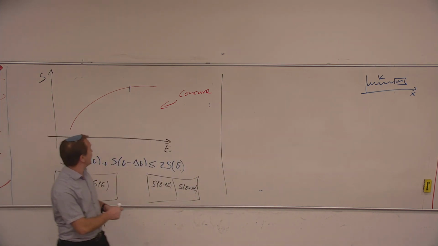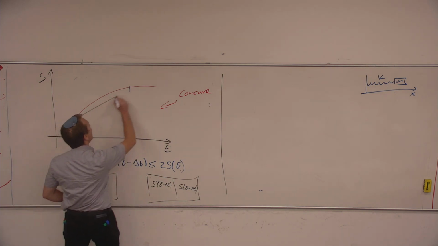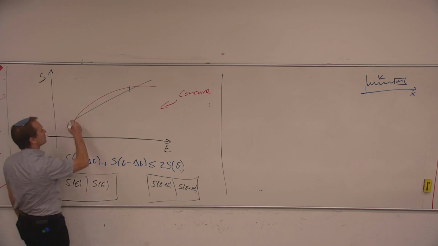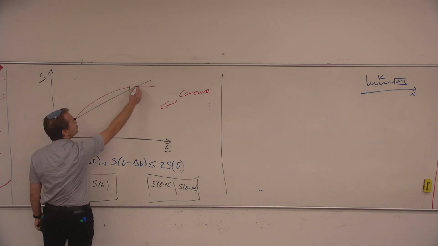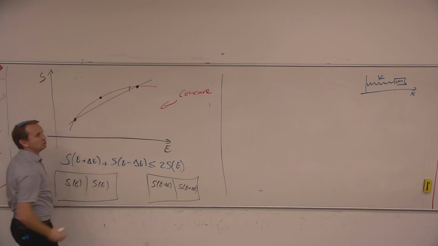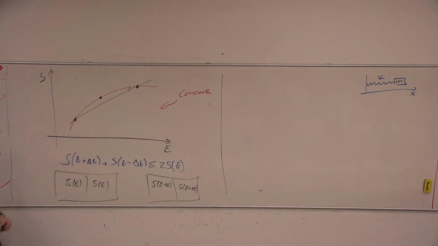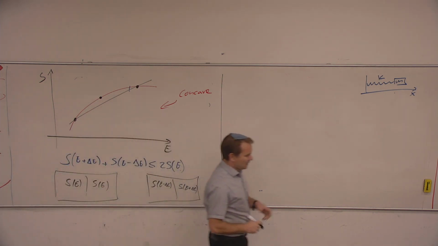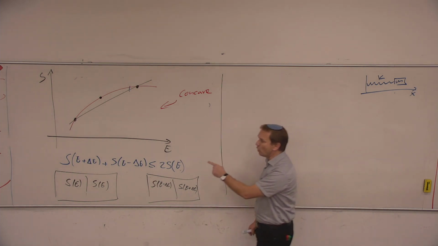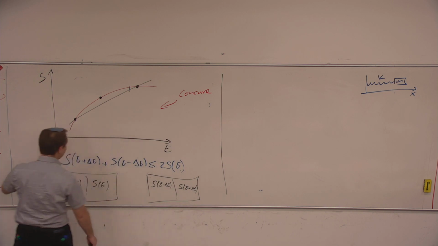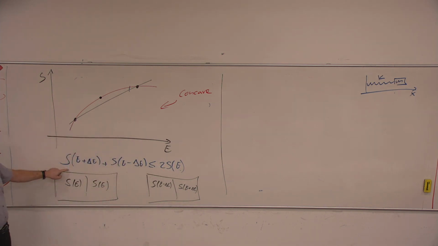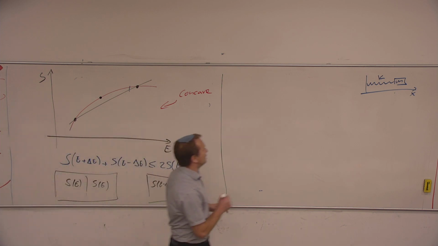It means that if I plot a chord from any two points, the chord is always smaller than the actual value of the function. This is what concavity means. It is a global condition, not local, but from this global condition we can go over to a local condition.